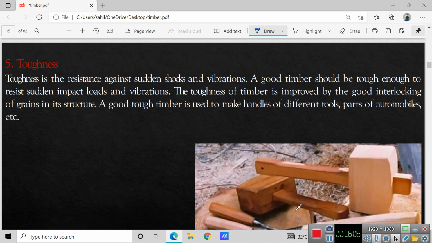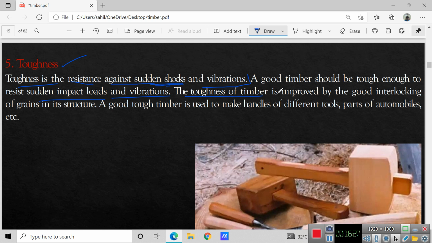Now fifth is toughness. Toughness is also another significant property for engineers. Toughness is the resistance against sudden shock or vibration. A good timber should be tough enough to resist sudden impact loads and vibration.